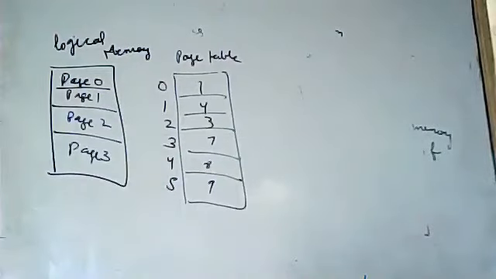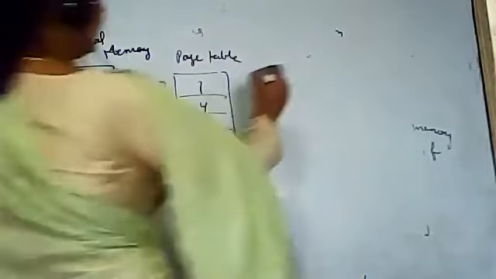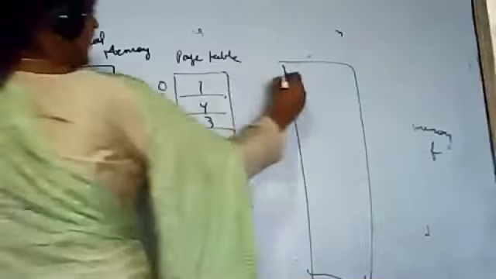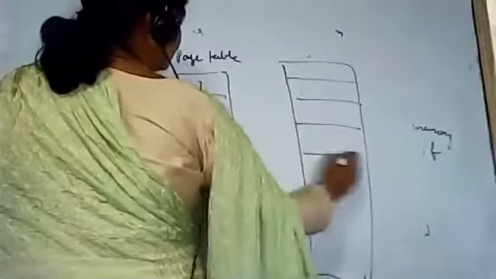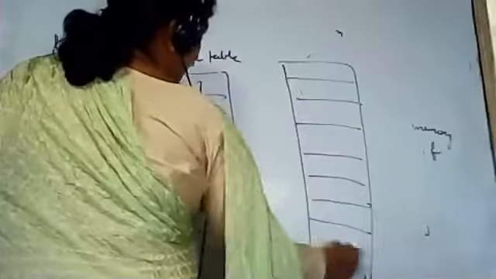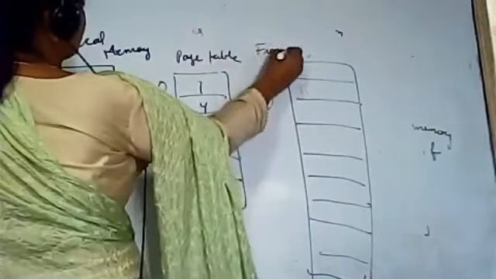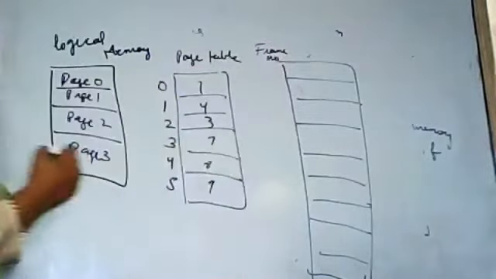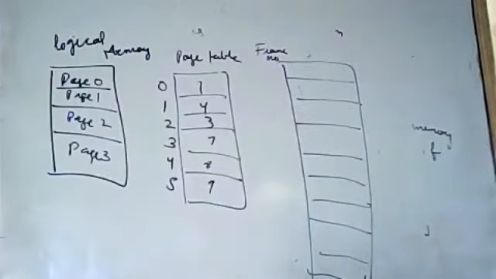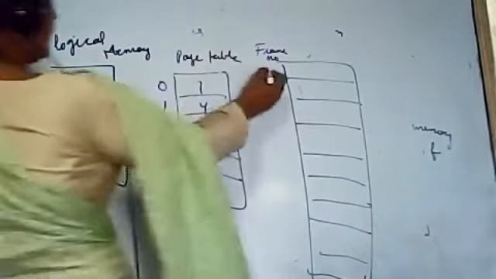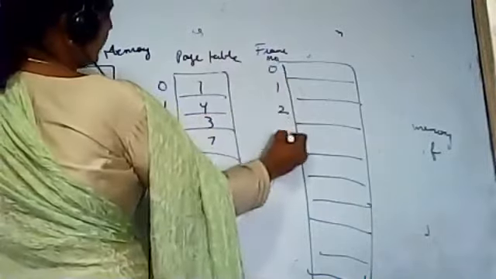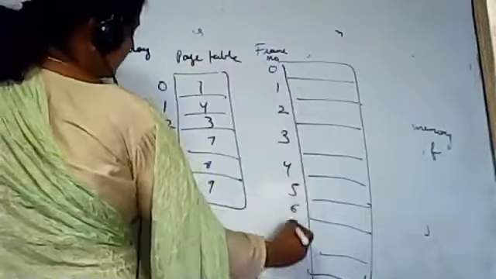And in the physical memory, we can have those pages with the frame numbers 0, 1, 2, 3, 4, 5, 6, 7.